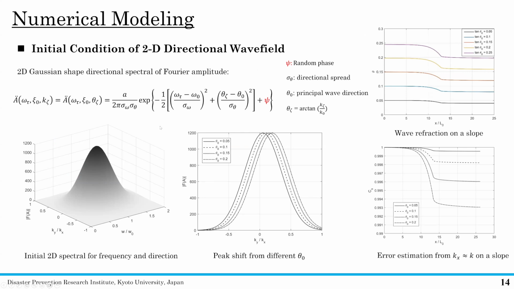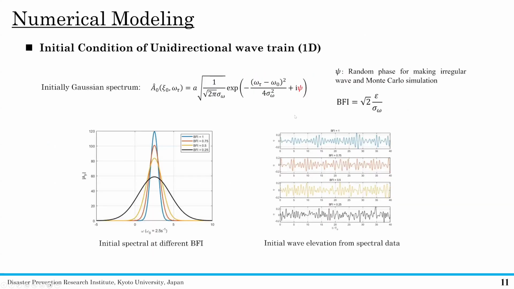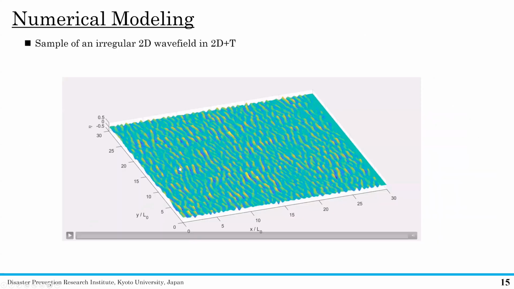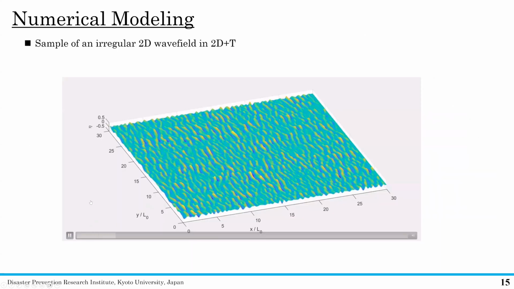When the wave has an oblique angle, there is a shift in the spectrum in y. And in the initial condition spectrum, to make it irregular, we add a random phase term here, the same as in the 1D case. And that is the 2D result.